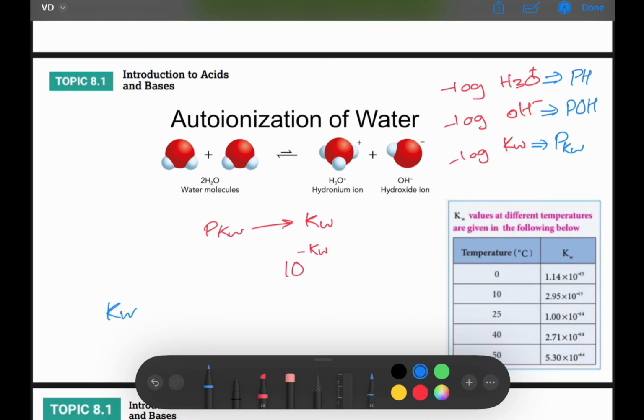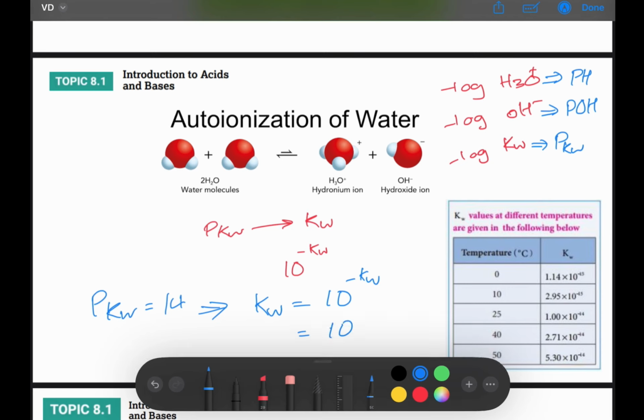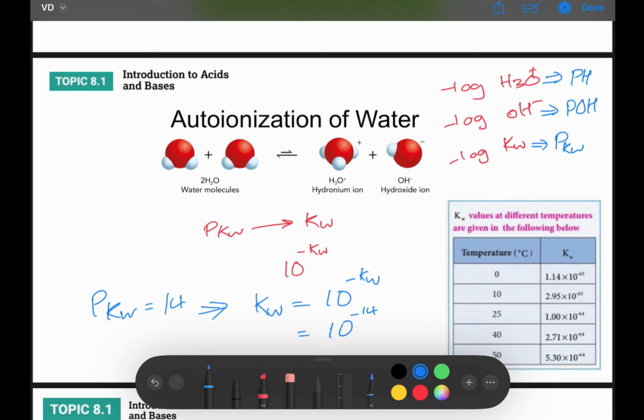For example, if the pKw is equal to 14, in order to change it to Kw, you say it's equal to 10 to the power negative 14, which is the same as this one in here. Okay.